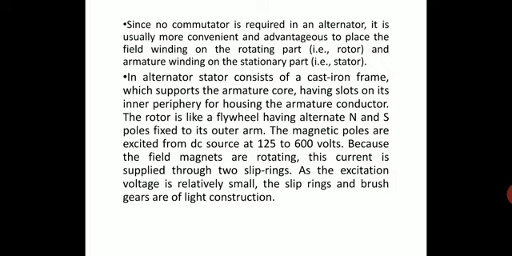The magnetic poles are excited from a DC source at 125 to 600 volts. Because the field magnets are rotating, this current is supplied through two slip rings. As the excitation voltage is relatively small, the slip rings and brush gear are of light construction.